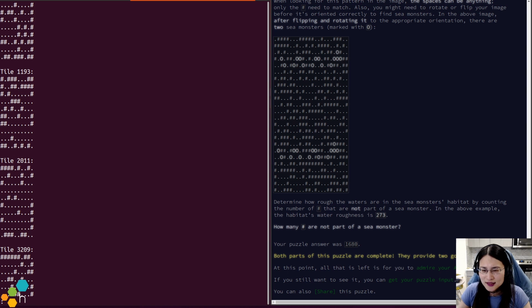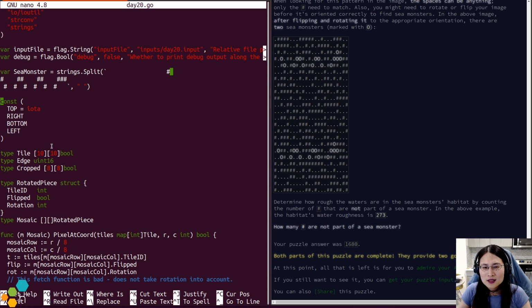So that's what I'm going to be working with. And then finally, once I have reassembled the board, I could choose to flip the board around and look for sea monsters, or I could flip the sea monster around and look for that inside of the pattern. It doesn't really matter. So that's what I'm going to do today, is gut all of this.